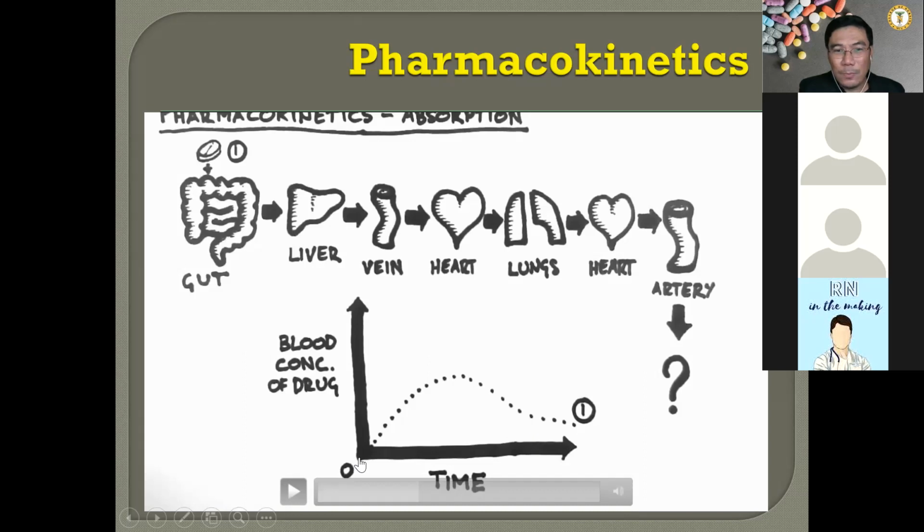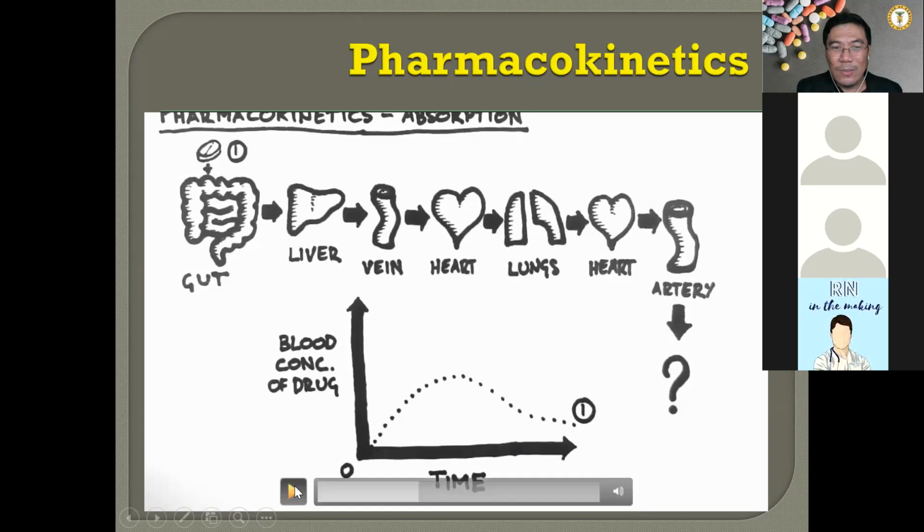This leads to the peak concentration. Then it goes on to the lowering of the concentration. So it takes longer, the whole time that the drug had been administered. So this is related to oral drugs.